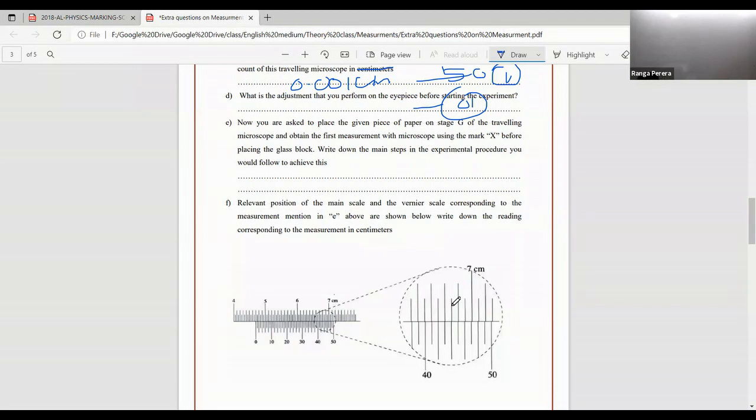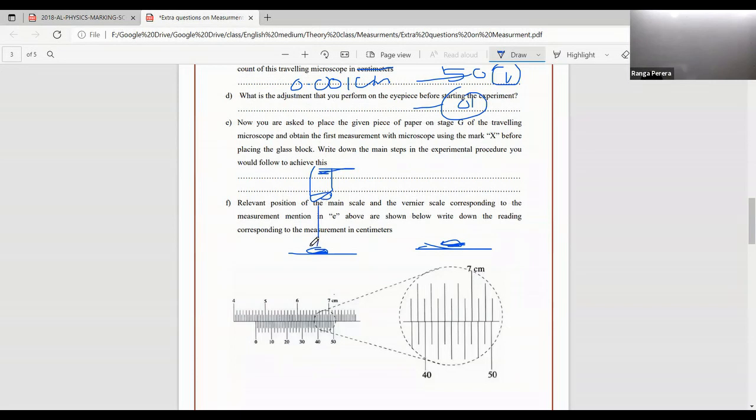I did a similar type of experiment to find the thickness of the glass cube. What I did at the beginning, I placed lycopodium powder. Let's say this is the traveling microscope bed. I place lycopodium powder and focus the traveling microscope at that point, right?